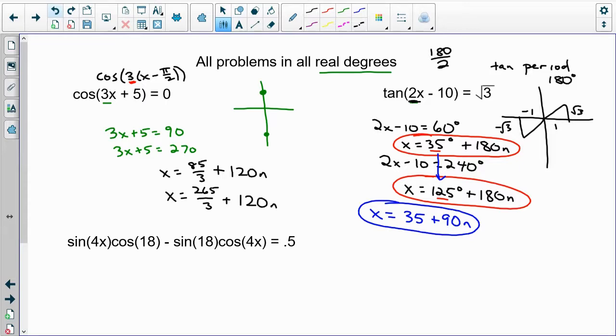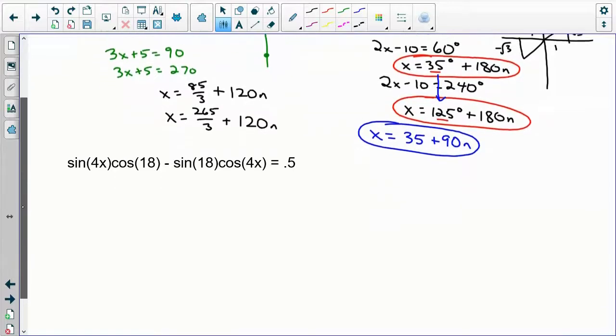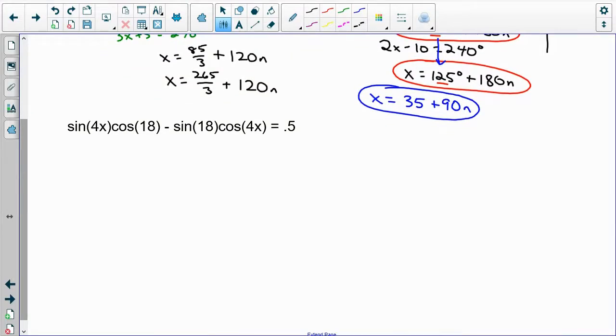And so when I continually add 180 to each of these parts, I'm going to end up getting 90 apart anyway. And that makes sense because the period of tangent is 180, but when I have this 2 there, that actually shrinks the period.